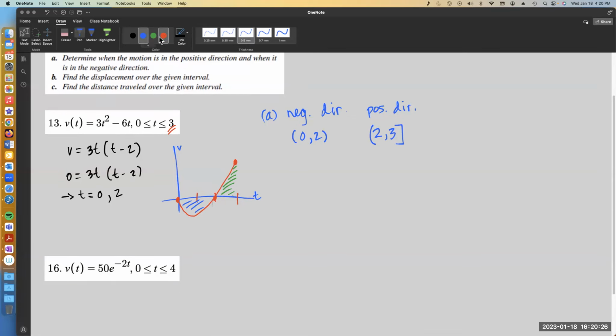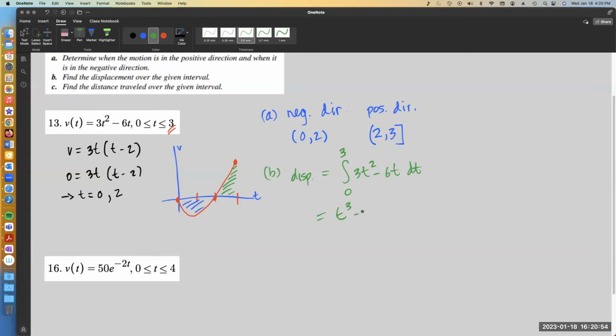All right, so let's go ahead to part B. Part B says, find the displacement. Displacement is the easiest of them all in some sense because you just integrate on the interval. So our displacement is the integral on the interval 0 to 3, and we're just going to integrate our velocity function.